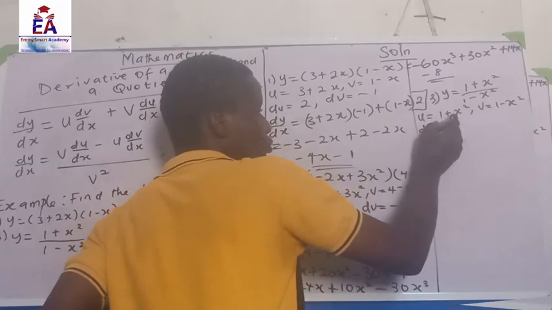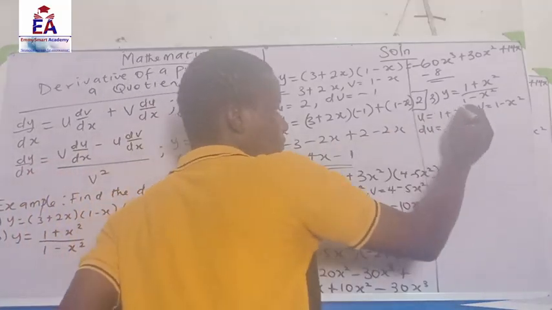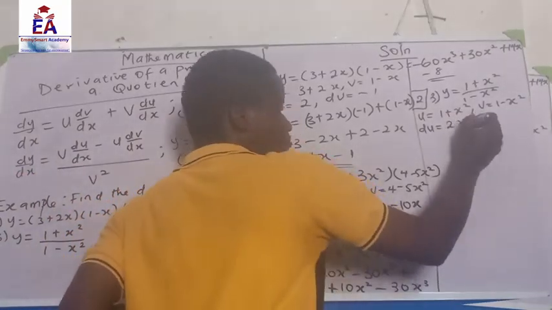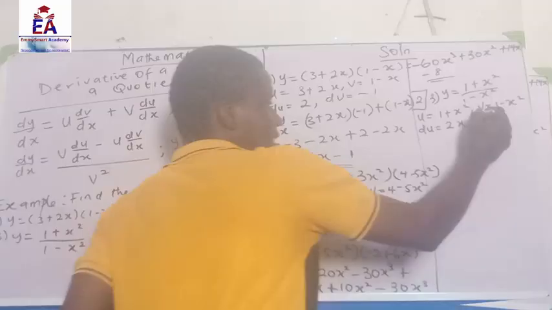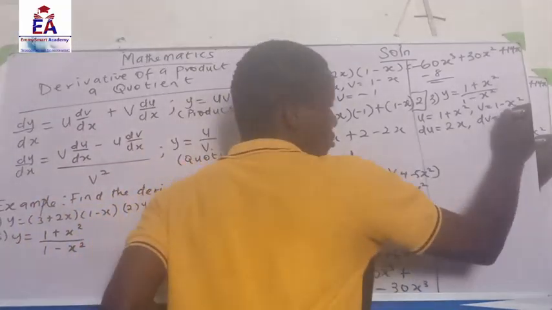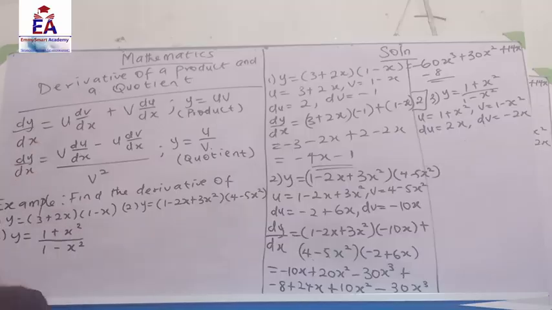Then my du will be 2x, right? And then my dv is going to be minus 2x, right? Good.